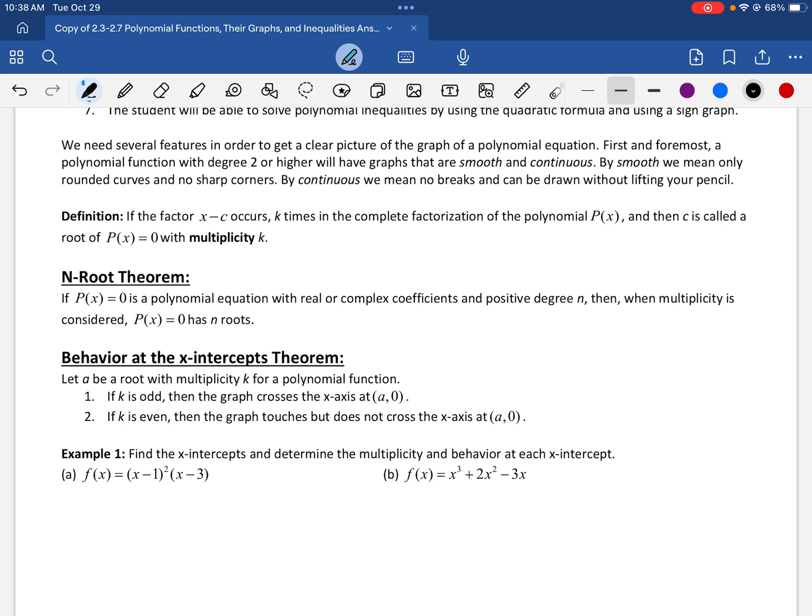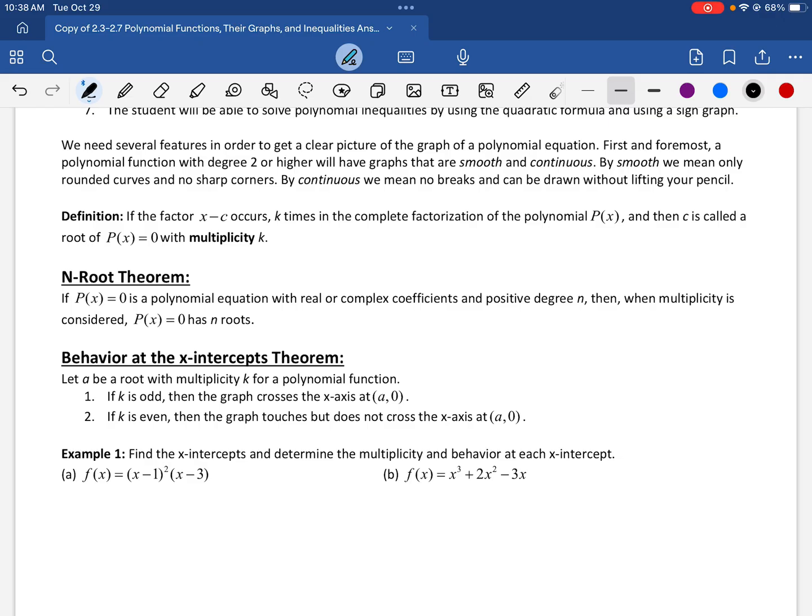So it's basically saying the degree is going to tell you how many solutions or roots or x-intercepts that particular polynomial has. Now, that multiplicity can tell us what those roots are going to do as they get to the x-axis.